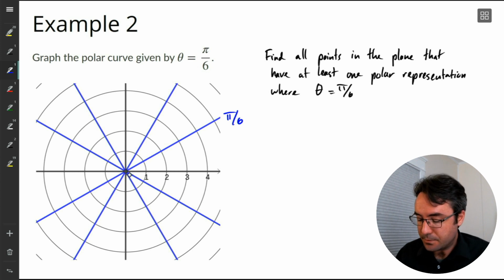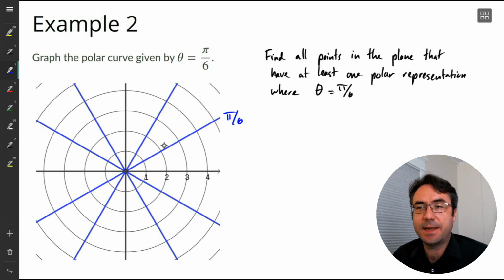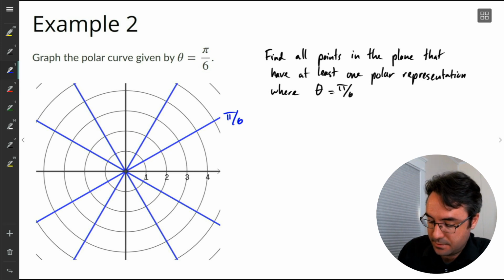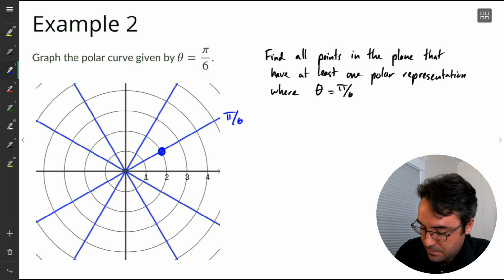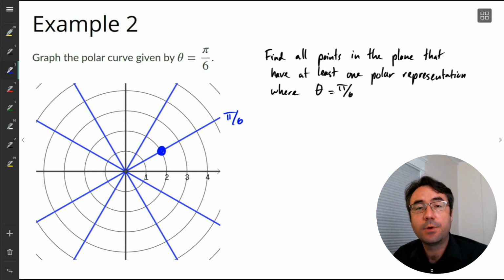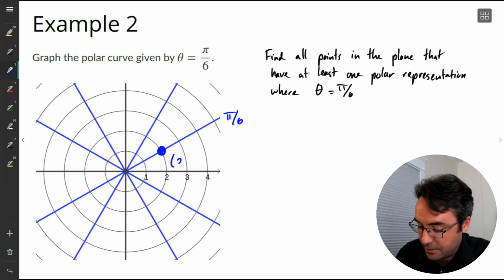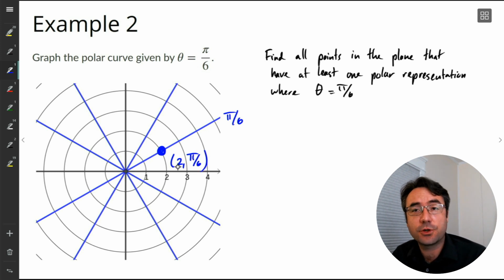And if we look at points on this ray, let's look at that same point. This point right here, we wrote down before that it had coordinates 2 comma pi over 6. So this representation of the point satisfies the condition.